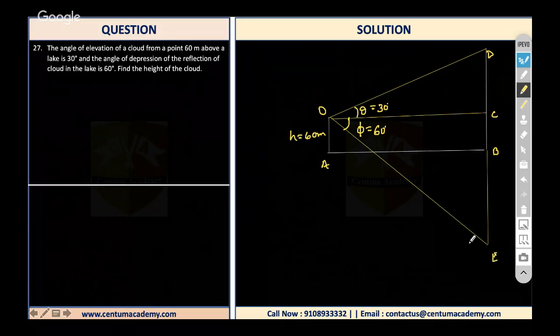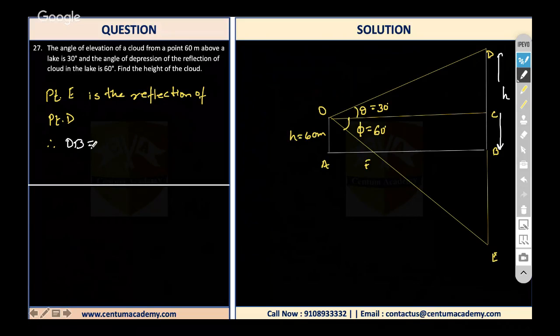This is E, and let's say this is F. So you say point E is the reflection of point D. Therefore, what do I know? Let's say I have to find out H. So you write this is H. So DB is equal to BE is equal to H.